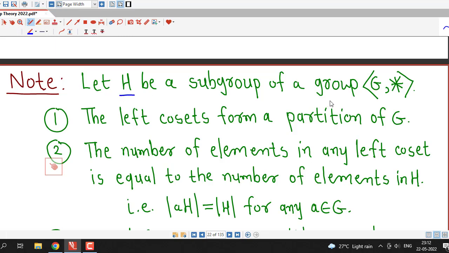Let capital H be a subgroup of a group G under binary operation star, and we will discuss all these properties for left cosets. Same properties are true for right cosets as well.